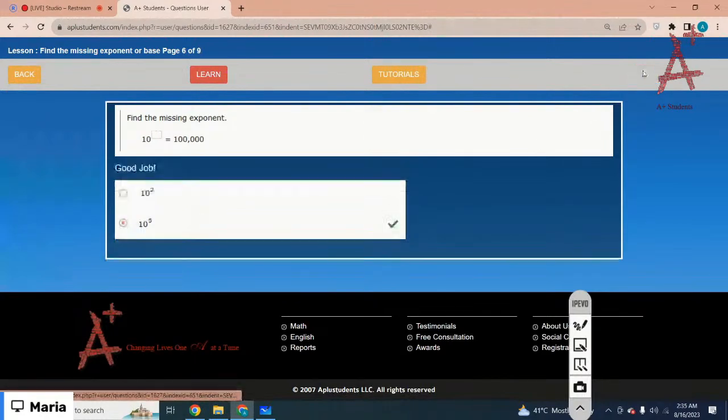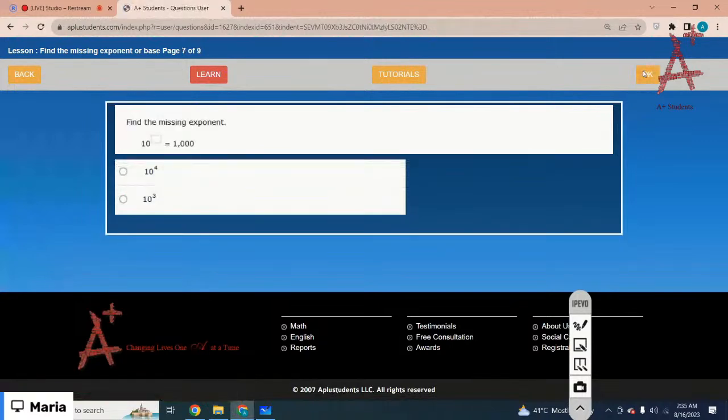Very good. Yes, the exponent is 3, because you have 3 zeros on the other side, so it would be 10 exponent 3. Very good.